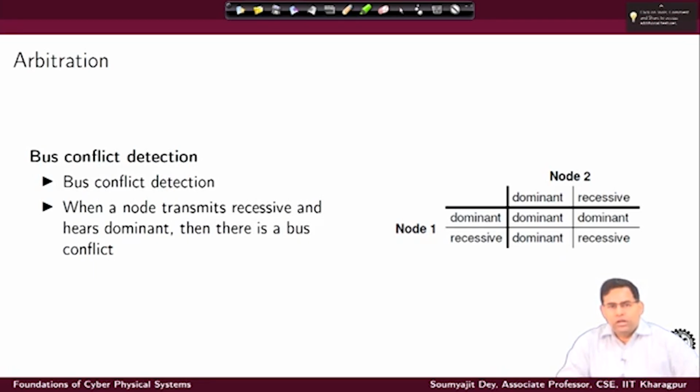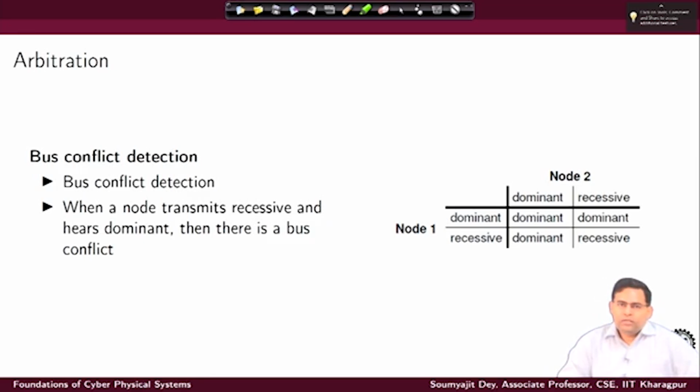Similarly, for node 1 being recessive and node 2 being dominant, again the bus would be dominant. If node 1's output is recessive, that means it's sending a logical 1, which means zero voltage in the bus, but node 2 is giving a logical 0. But let's say both of them are recessive, that means both are giving a logical 1, then the output is logical 1, right?